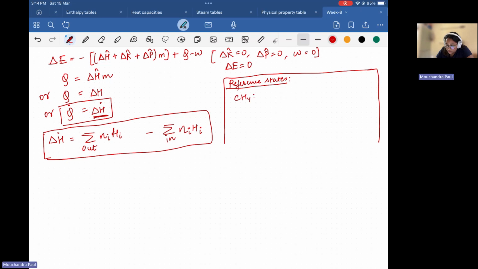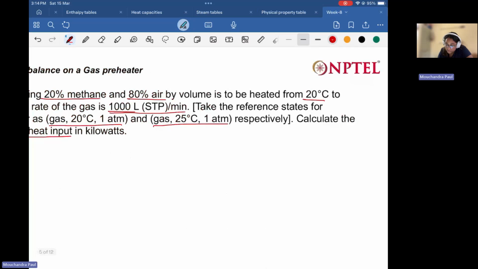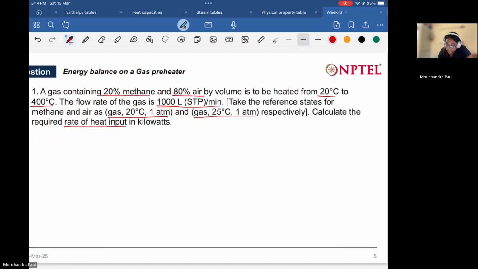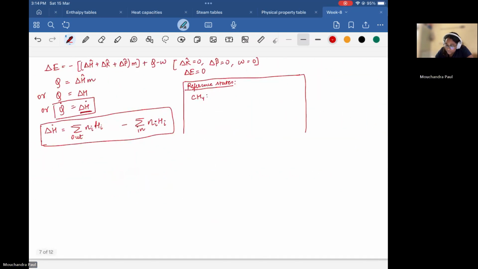For methane, it is gas at 20 degrees Celsius, 1 atm. And for air, it is gas at 25 degrees Celsius, 1 atm.